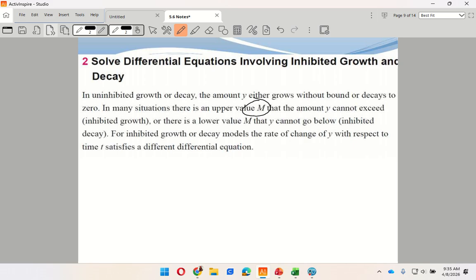I can't go past a certain point. So our population of the world is inhibited by the amount of resources we have. Where the lower m value cannot go below, inhibited growth or decay models have a change rate restricted over time that satisfies a differential equation. So if it's going down, it's decay, it should decay down towards 0 if I'm going to a certain point.